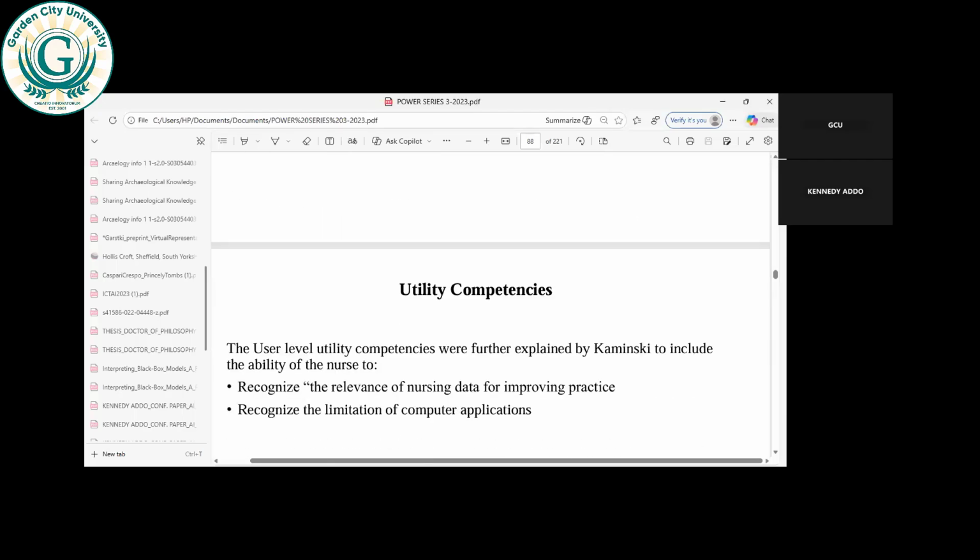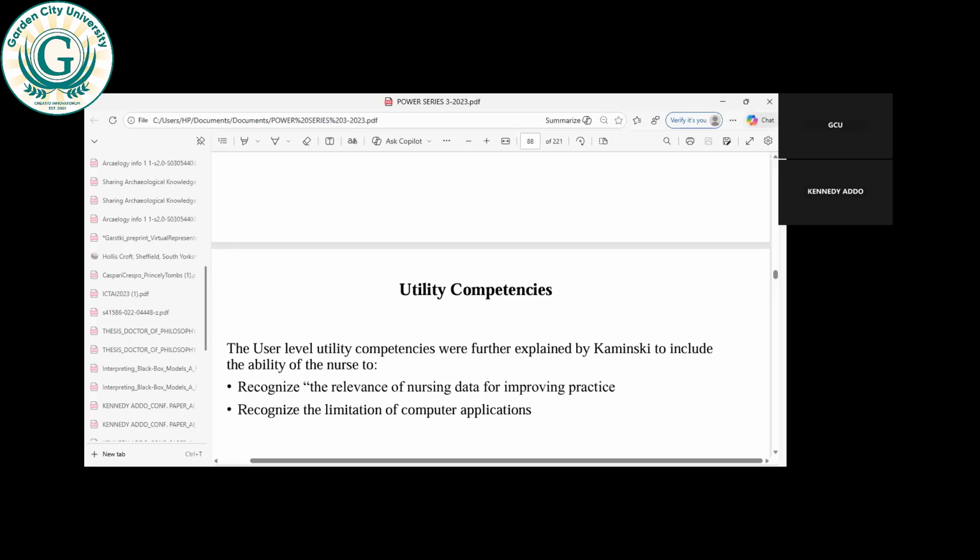In the same vein, we are going to look at utility competencies applied to a beginner. We are talking about how you can use technology in a professional context. So with the software that you are using, are you able to recognize the relevance of nursing data for improving practice and for decision making in the organization?